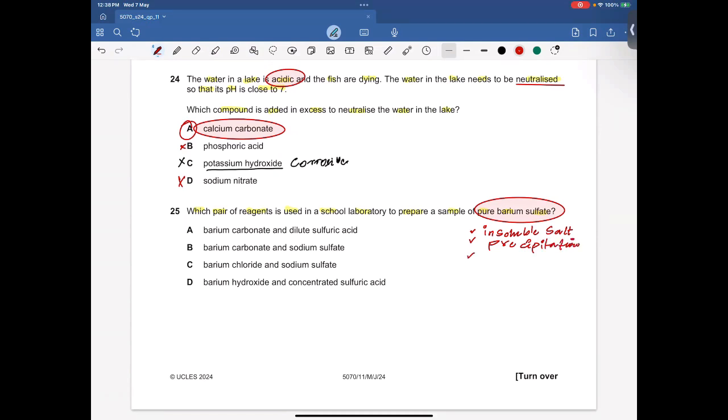And obviously, two soluble salts react together. The two soluble salts react together to give barium sulfate. So two soluble salts: barium carbonate is insoluble, which is why A is incorrect. Barium carbonate is insoluble, which is why B is incorrect. Barium chloride is soluble, sodium sulfate is soluble.